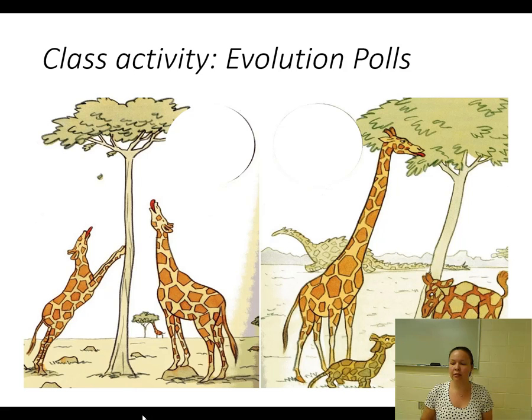And so if you look at these two pictures, there's a picture on the right and a picture on the left, and it's used to illustrate an example of giraffes. And so this could illustrate how giraffes evolved over time.